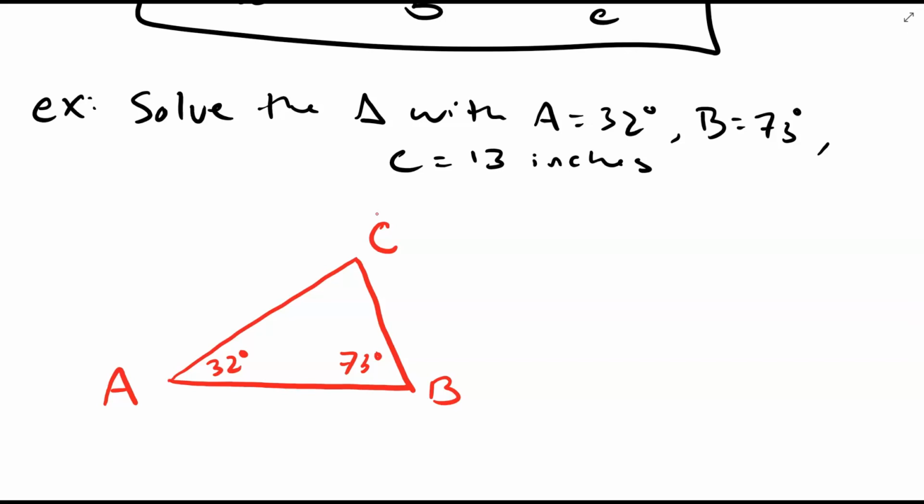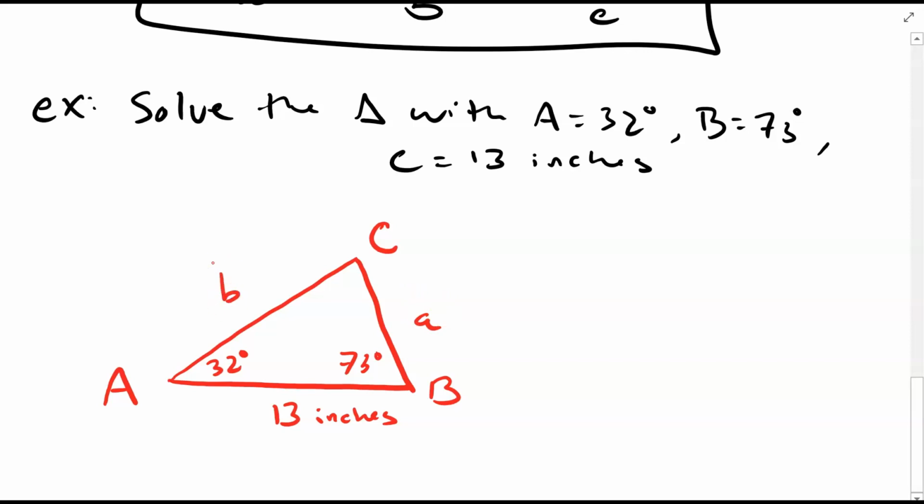So which segment am I going to label C? Yeah, it's the segment AB, right? So that's my C, so I'll write 13 there. Which segment am I going to label A? CB. And which segment am I going to label B?